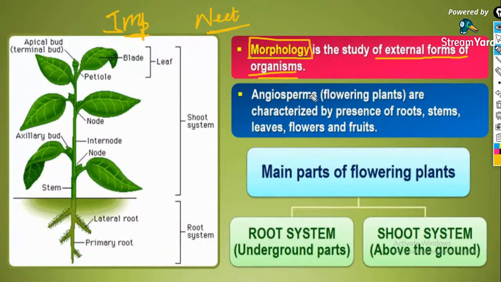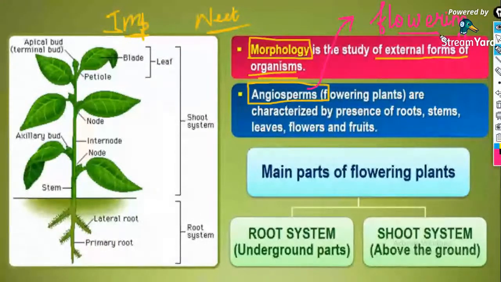Morphology is the study of the external characters of an organism. In this chapter we are mainly discussing angiosperms. What do you mean by angiosperm? Angiosperms means flowering plants. You have studied angiosperms, gymnosperms and everything in your lower classes.